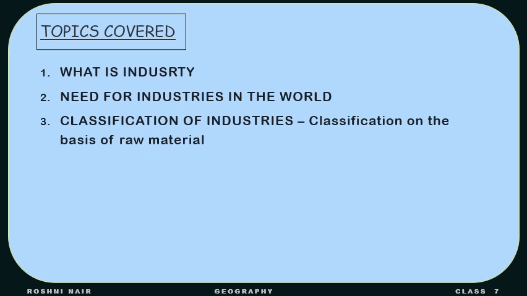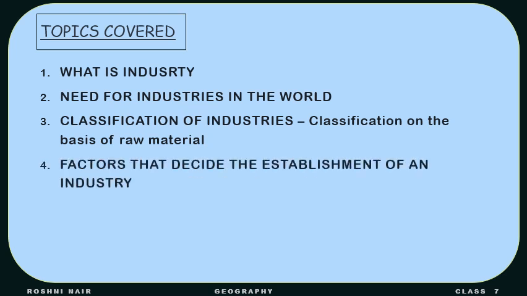So both the topics are cancelled. First and second topic is cancelled. Only the third one, that is classification on the basis of raw material, will be covered according to the new syllabus. After that, we will be covering the heading factors that decide the establishment of an industry.